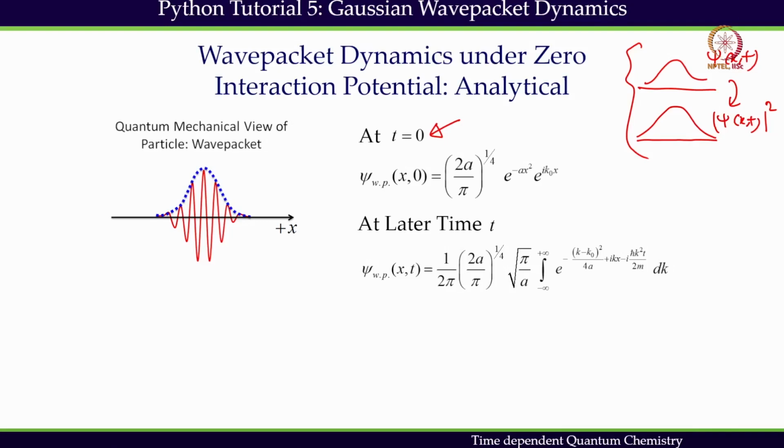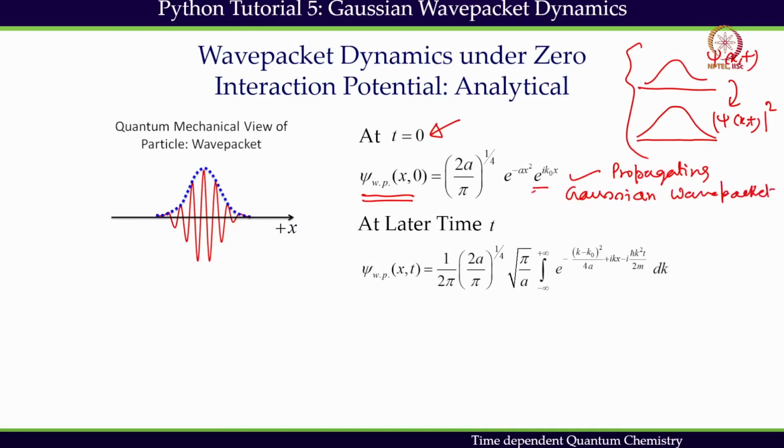But here we will assume that at t equals 0, the initial time, I have the wave function like this. This is called a propagating Gaussian wave packet.